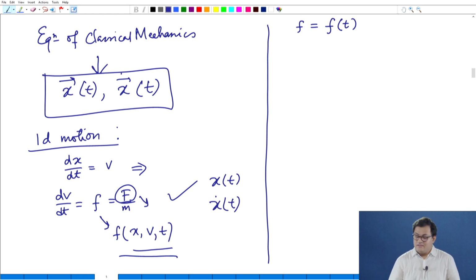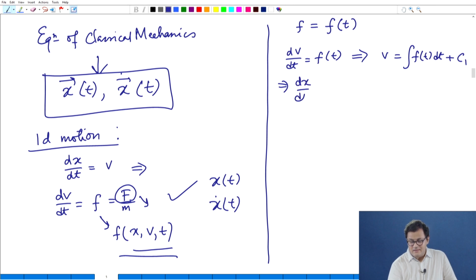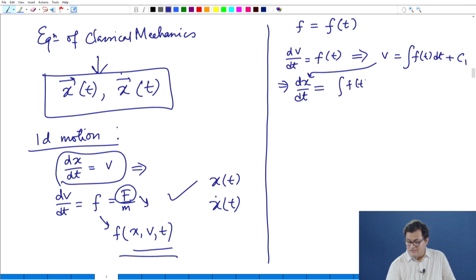Then you have dv dt is equal to f t, and if you can solve that, it will give you v is equal to integration f t dt plus some constant of integration c 1. And v is dx dt because of the first equation, so you just put that, and it is now this integration f t dt plus c 1.